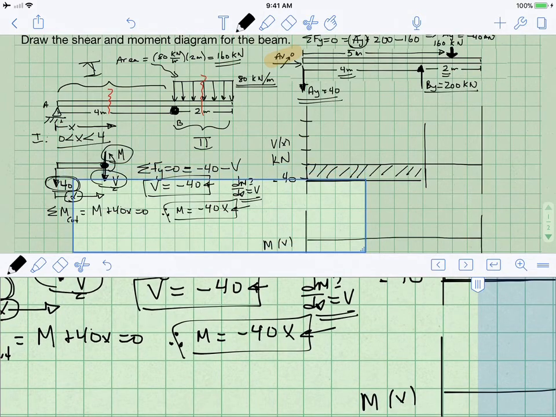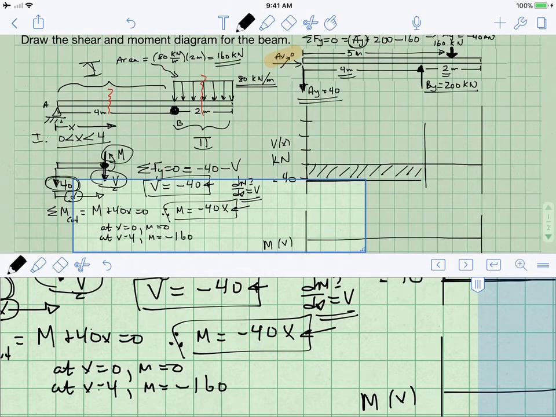So at x equals 0, M is 0. At x equals 4 meters, M equals minus 160 kilonewton meters. So we can plot that now.